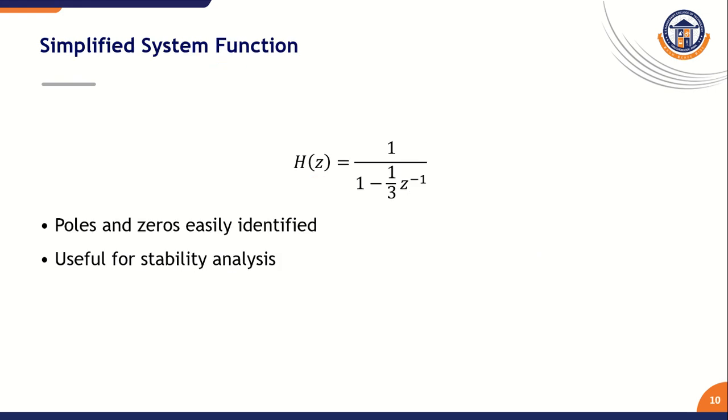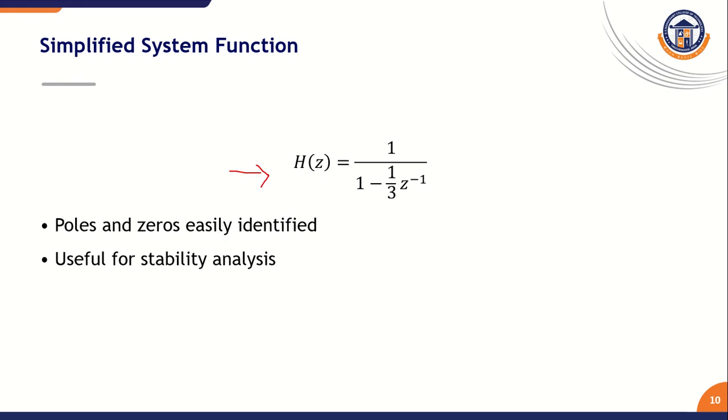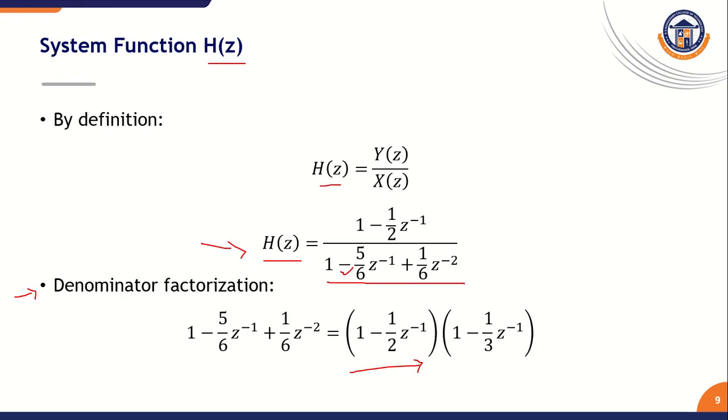After factorization, we can find capital H of z by substituting this term in the equation. The numerator term has 1 minus 1 by 2 into z power minus 1, and the denominator also has 1 minus 1 by 2 z power minus 1.